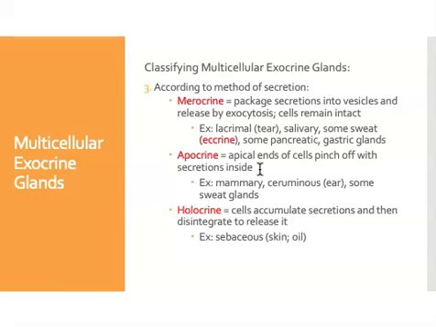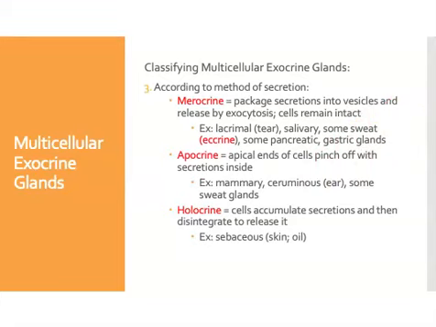A good example of apocrine glands are the mammary glands that are producing and secreting milk. Also, the ceruminous glands, the glands that make the waxy material in your ears. Some sweat glands are this apocrine type of gland.